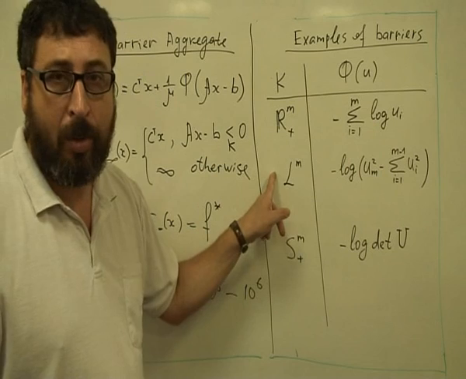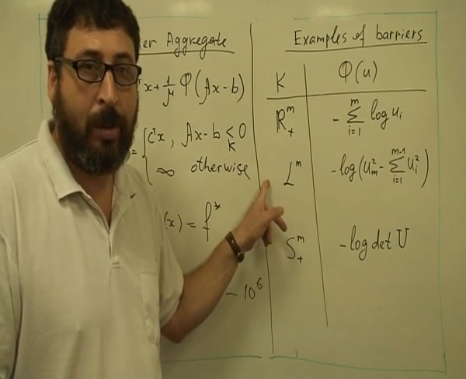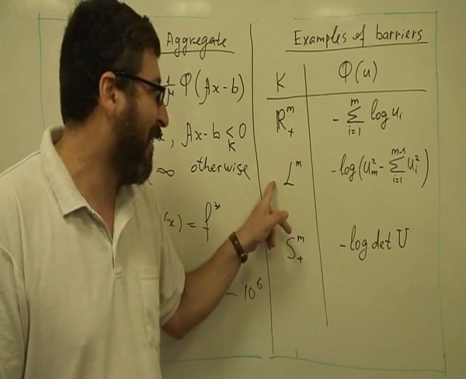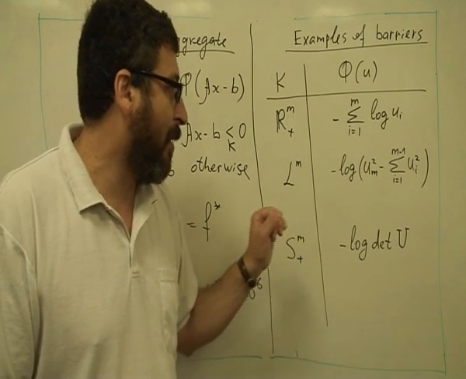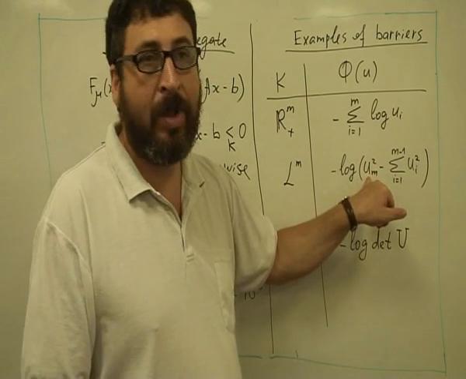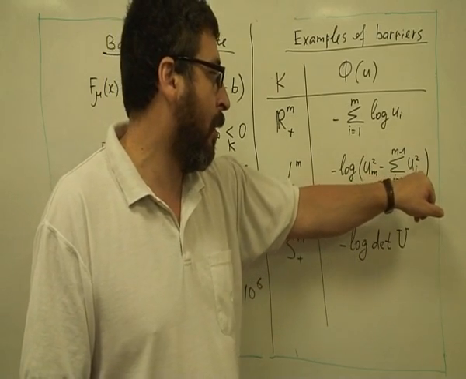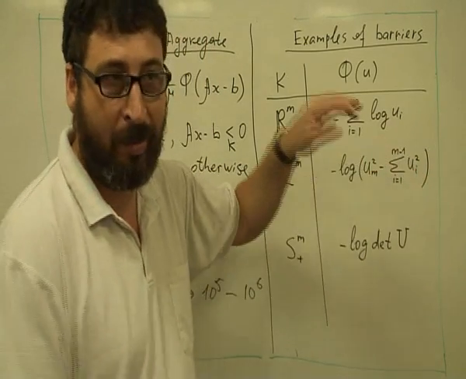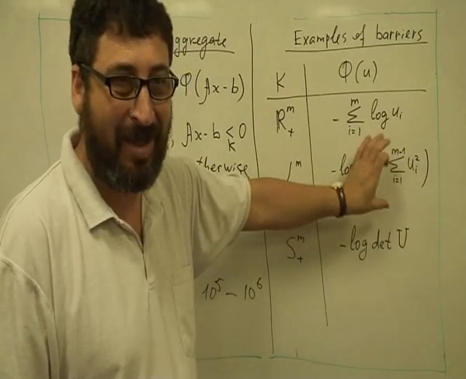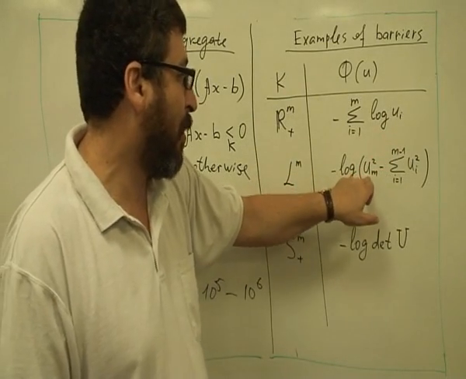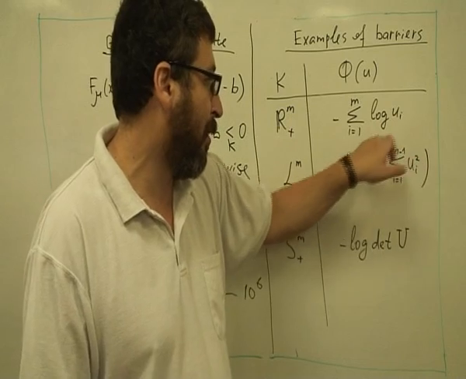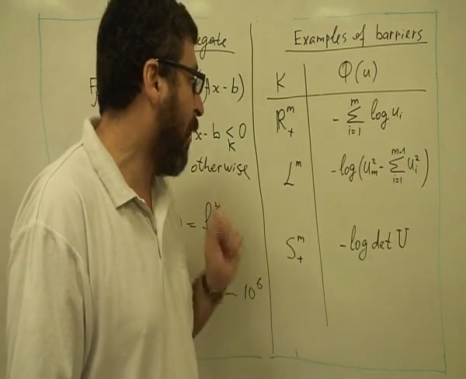For the Lorentz cone, or second order cone, or quadratic cone, you remember that the last entry of the vector should be greater than the second norm of other entries taken as a vector. So the square should be greater or equal than the sum of squares of other entries.